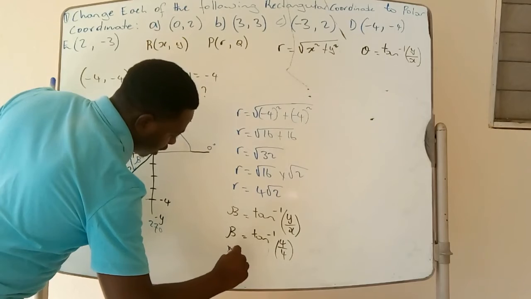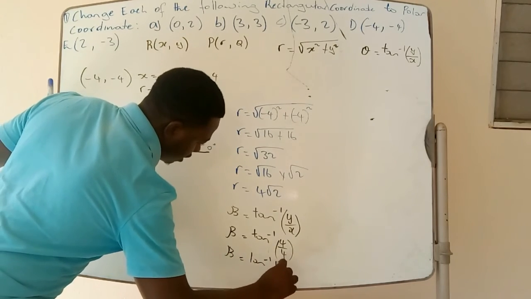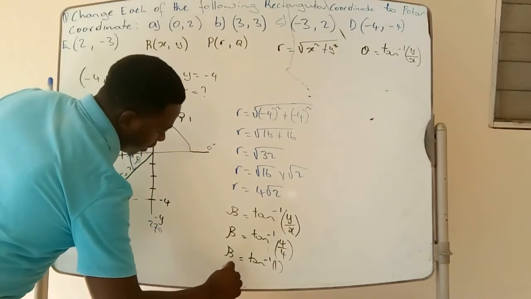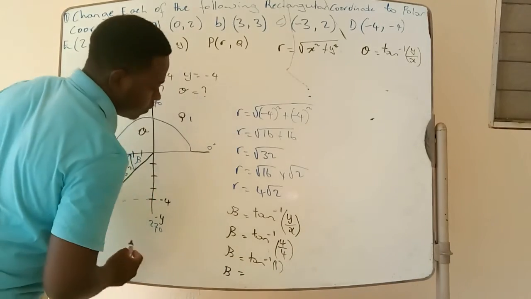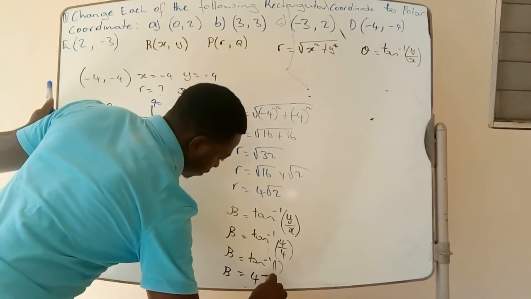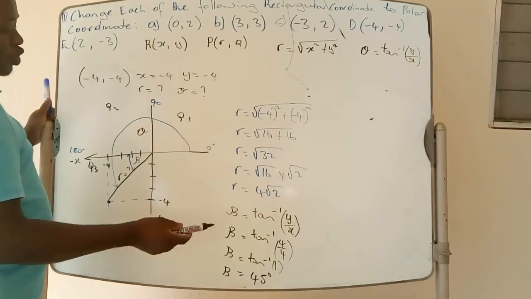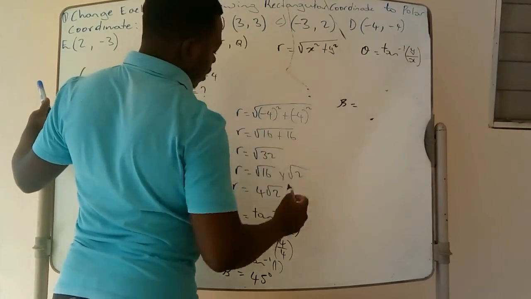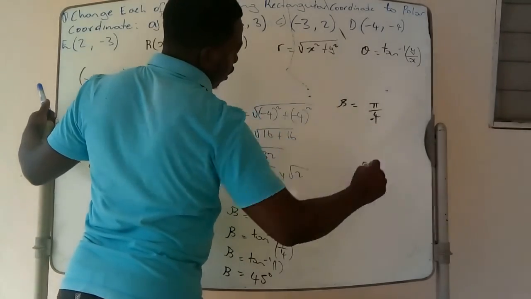So beta is equal to tan inverse of 1. Beta is equal to 45 degrees. If you take tan inverse of 1, that's 45. But we want it in radians, so 45 degrees, beta here, is the same thing as pi over 4.